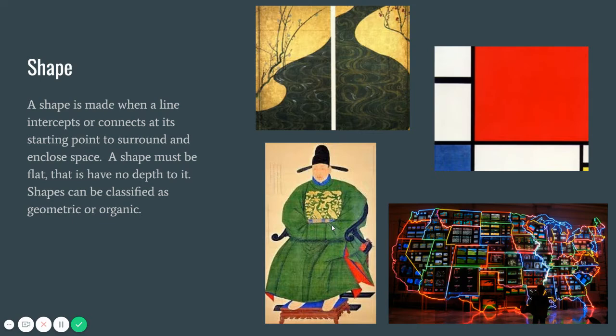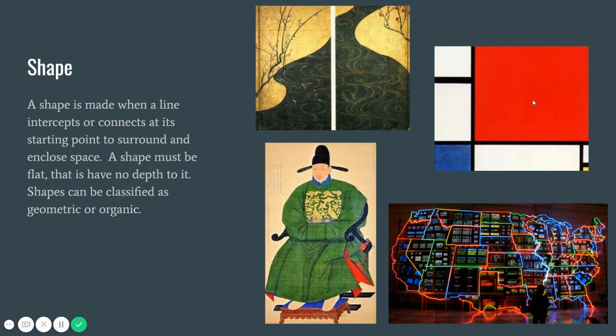Organic shapes is pretty much everything else. It has no specific structure to it. It can be free form. They're usually derived from nature. And so when we talk about shape, we usually classify them as one or the other or closer to one or the other. Okay, so again, I've tried to give you some examples of artwork with shape.